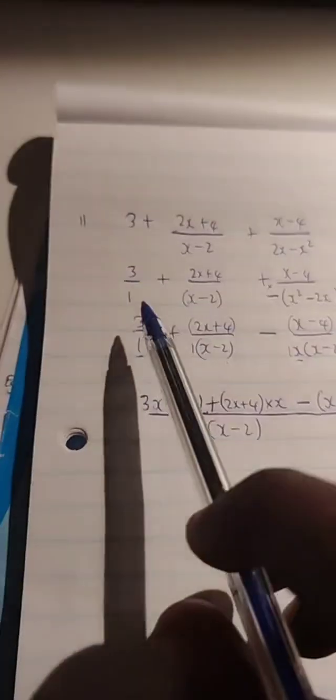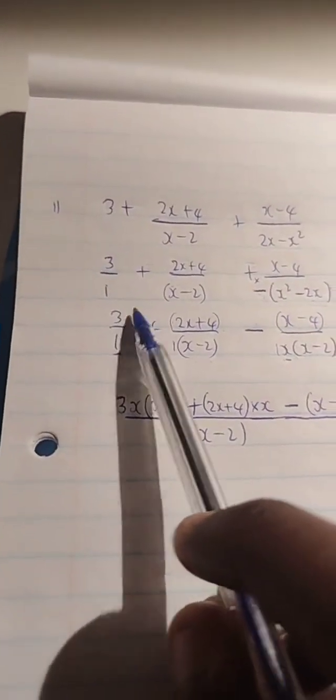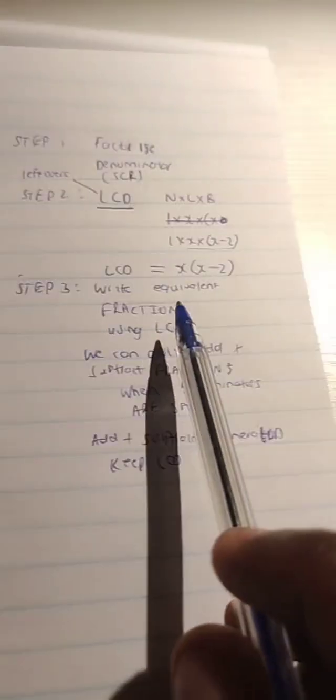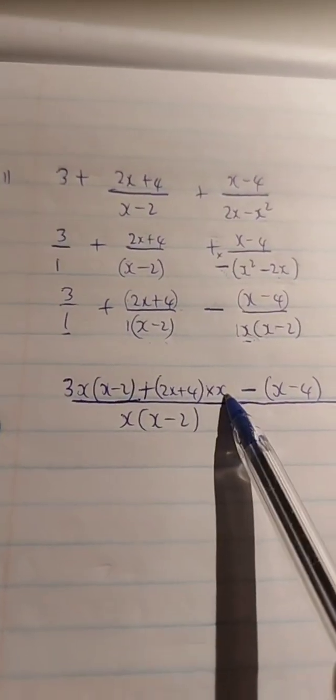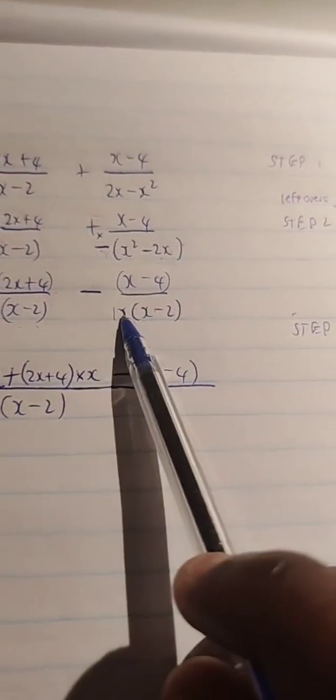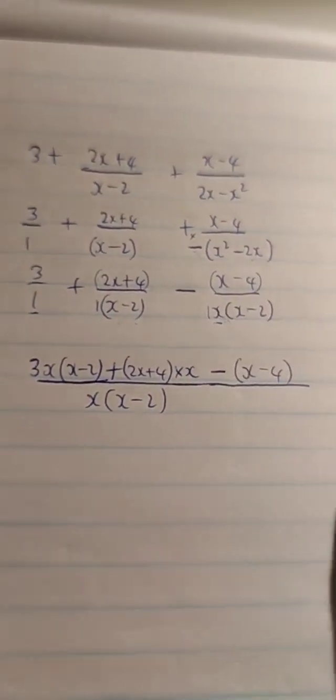What I multiply at the bottom to form the LCD is what I need to multiply at the top.